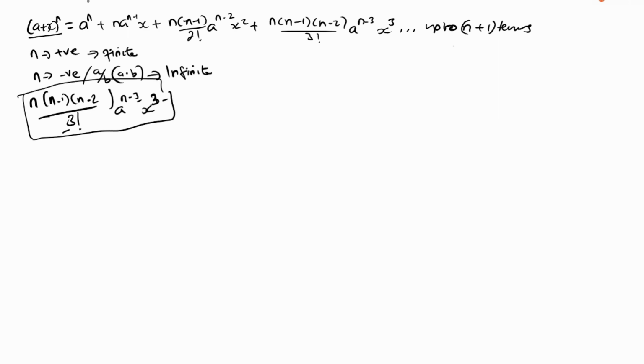Now, it therefore means that the fifth term will be given as n into n minus 1, n minus 2, n minus 3 divided by factorial 4 and multiplied by a power n minus 4 x power 4.